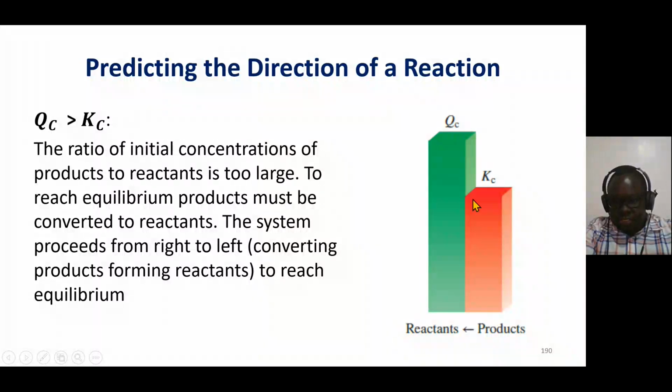So when Qc is greater than Kc, the direction of the reaction is from right to left. This is how you would use the reaction quotient to predict the direction of the reaction.